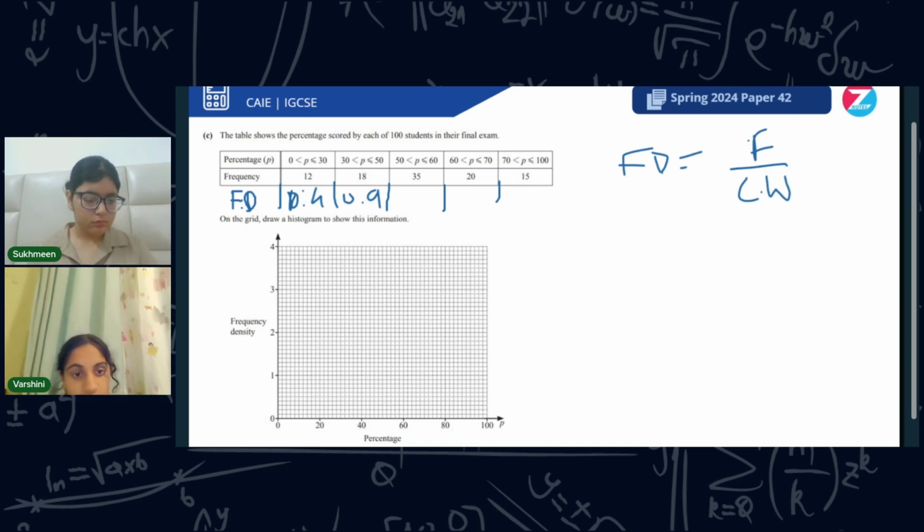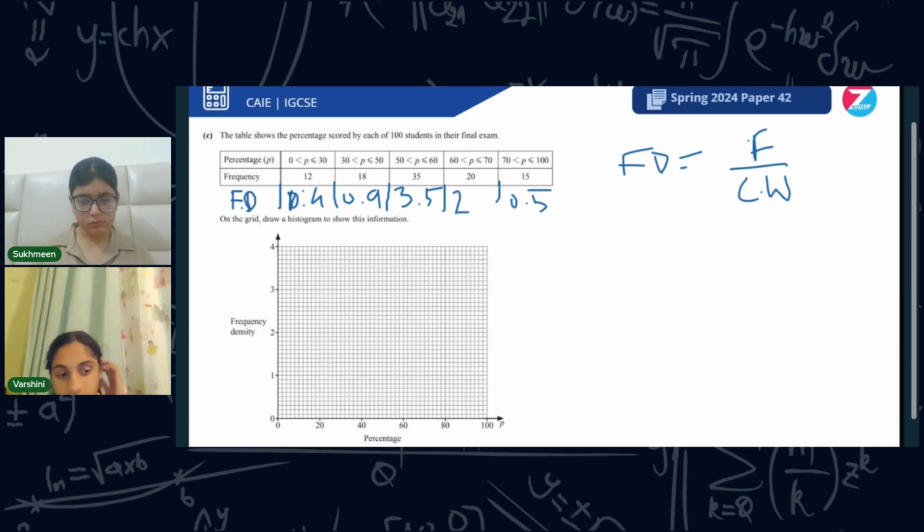This is going to give you 35 divided by 60 minus 50, which is going to give you 3.5. This is going to give you 20 divided by 70 minus 60, which is 2. And this is going to give you 15 divided by 100 minus 70, which is 0.5.